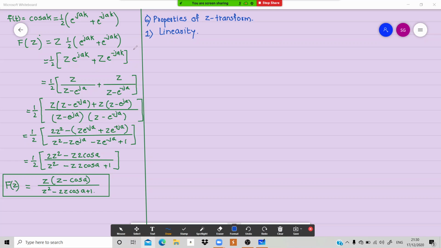So what Z transform says, if you are having addition of two functions, let us say a x1 n plus b x2 n, that will be equal to, a is constant, x1 n's Z transform, that you can write as X1 z plus b X2 z.